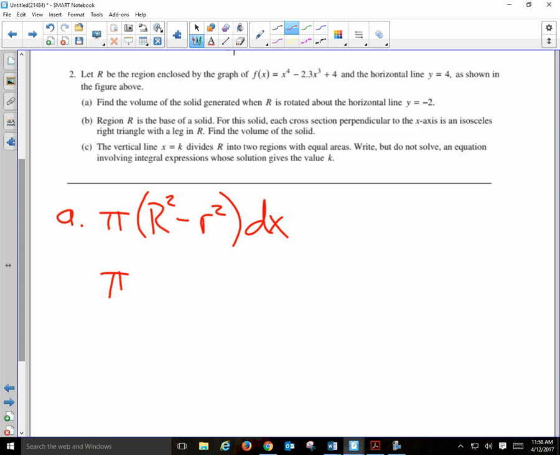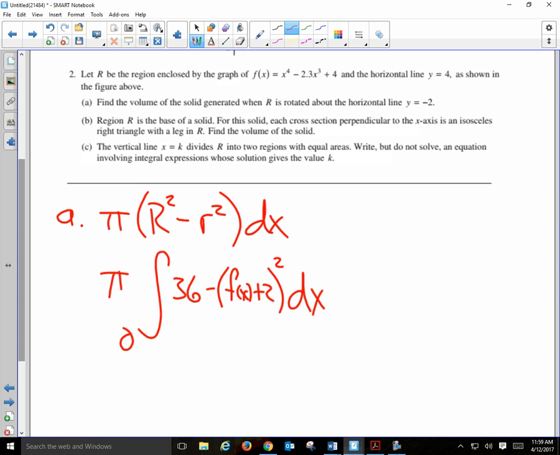So pi times the integral of, what is big R squared? 36 minus f of x plus 2 quantity squared dx, right? Bounds. Zero to something. How do we find that something?